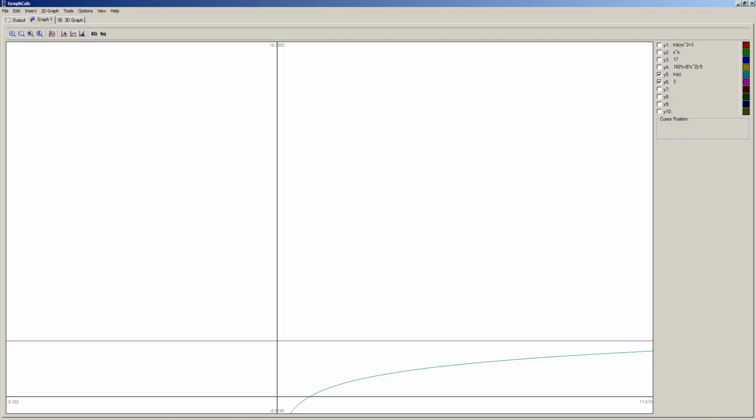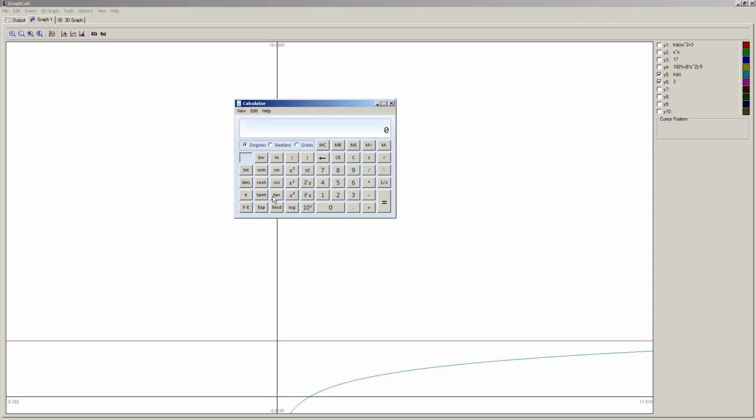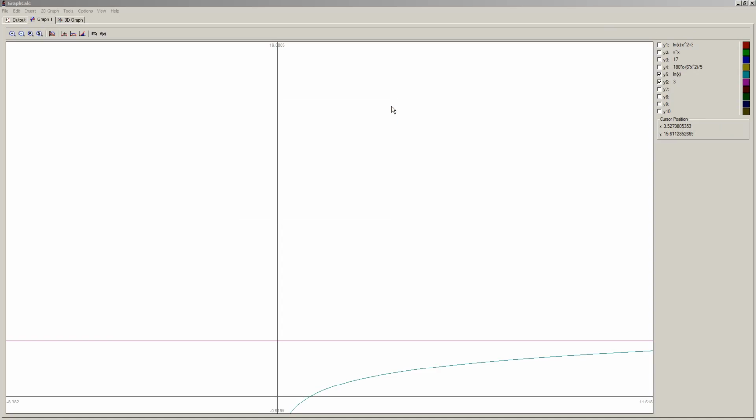See if I can bring up another calculator. So it's simply going to be 3, I don't even see an e on here. Usually most calculators have e raised to that power. So whatever the value is, let's just go in and solve it. That's the easiest way to do it.